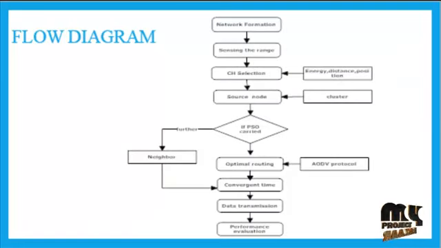Now I am going to explain the flow diagram for this project. Our project flow is represented in the flow format. Wireless networks are composed of a number of sensor nodes deployed in the field. For the radio channel we use two-ray ground.